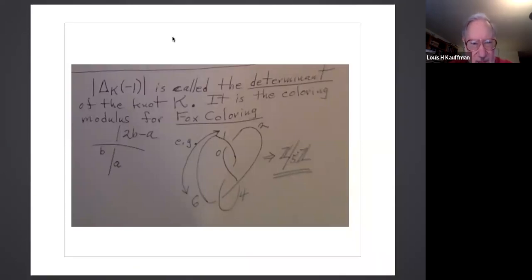And it turns out that it's the coloring modulus for Fox coloring, which we didn't quite mention, but I'll mention it now for the sake of mentioning it. You color the edges of the diagram with integers or integers mod n for some n, and the sum of the 2 undercrossing edges at a crossing is equal to twice the value at the overcrossing, or A meets B and 2B minus A comes out.